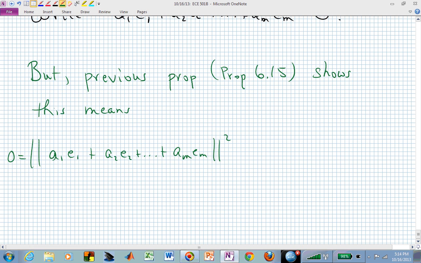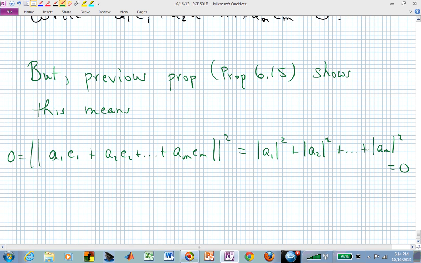So 0 is equal to this mess norm squared. But from proposition 6.15, we know that's the magnitude of a1 squared plus the magnitude of a2 squared plus up to the magnitude of a sub m squared. That left-hand side equals the right-hand side, so that sum of these scalars, absolute valued squared, has to equal 0.